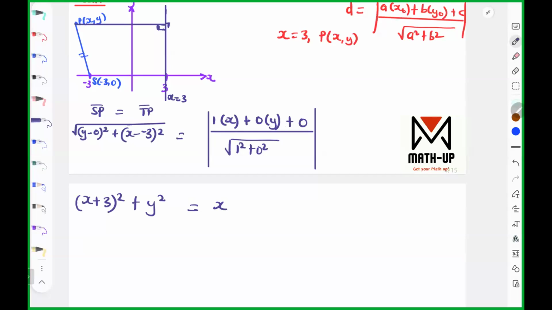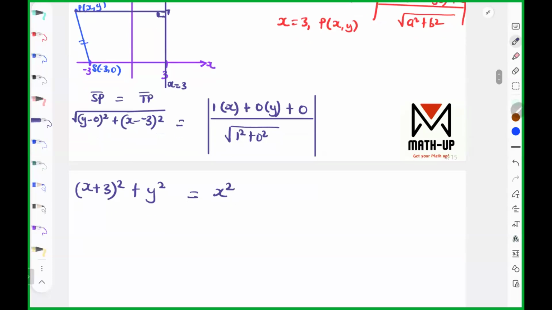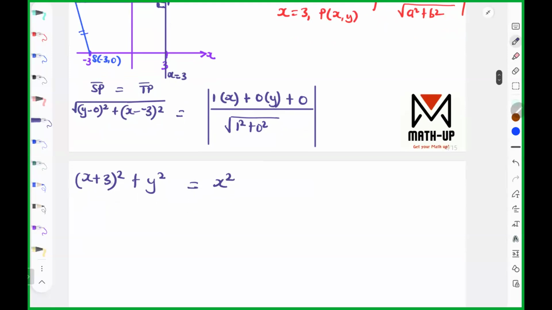So I'll have it as x squared, since I've squared both sides. Then when I expand what I have here, I'll have x squared plus 6x plus 9 plus y squared.